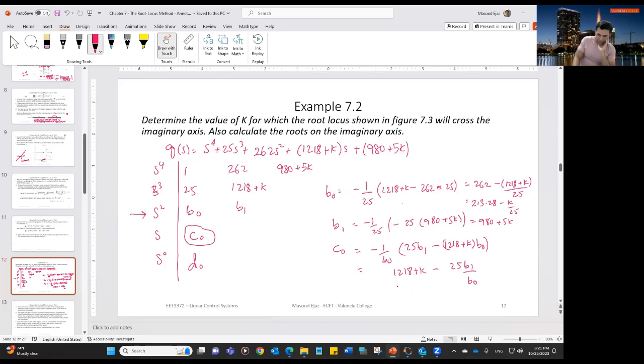So if C naught is 0, C naught equal to 0 implies 1218 plus K is equal to 25 B1 over B naught, or K is equal to 25 B1 over B naught minus 1218. B1 is this, B naught is that, so we'll have to do some crazy simplification basically.